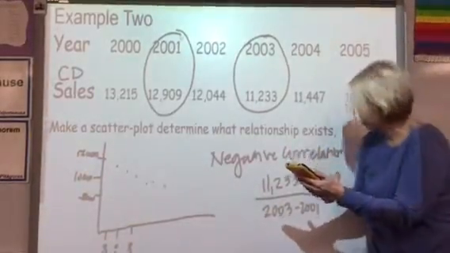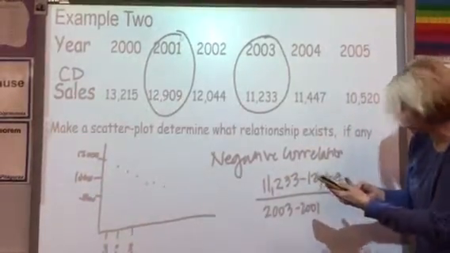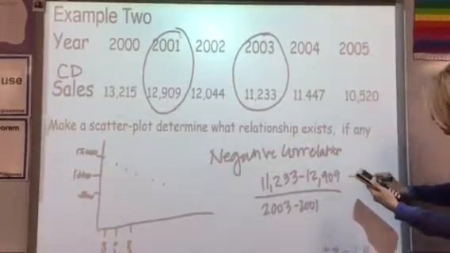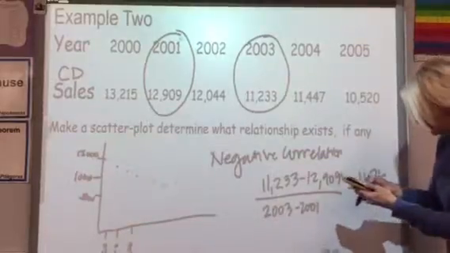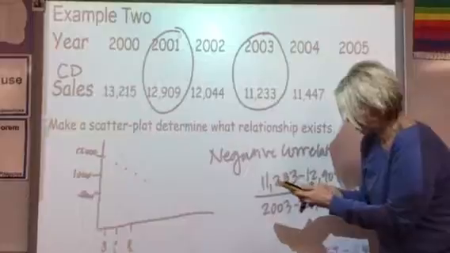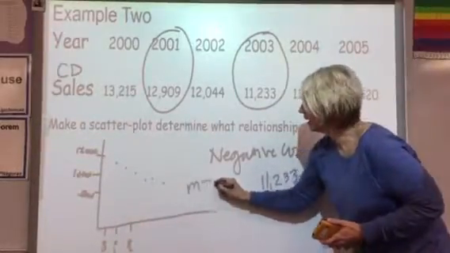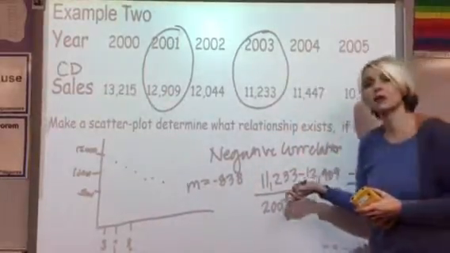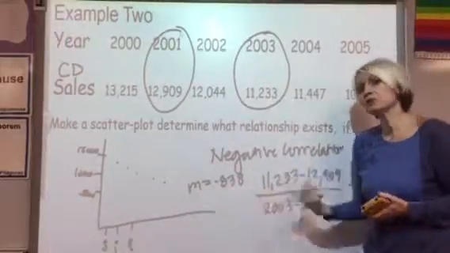And as you type that in on your calculator, you're going to be able to see that, yes, this will definitely be a negative slope. So I get negative 1676 over 2. So I get negative 838.